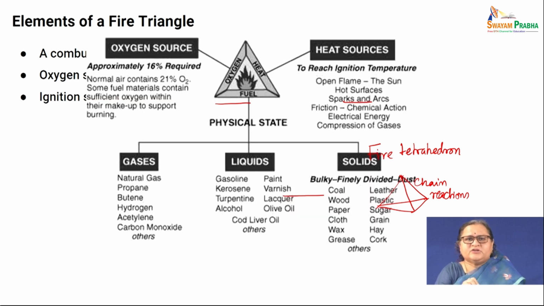So, what are the sources of oxygen? It is the air. We need 16% of atmospheric air for burning. Coming to the fuel, it may be solids, which we are more concerned about.